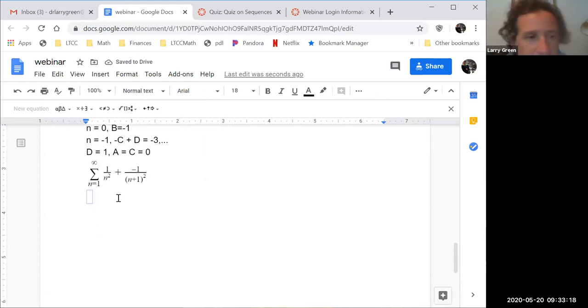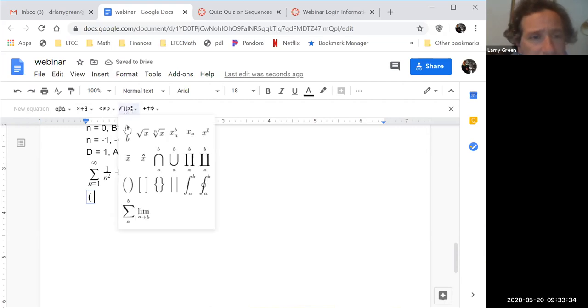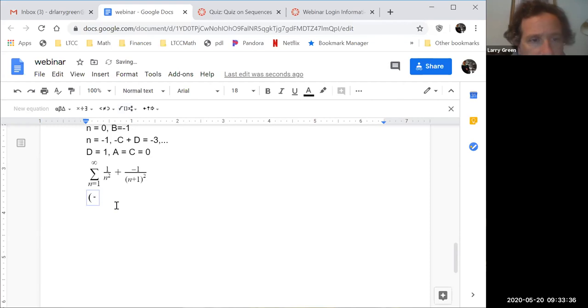What it means is we're going to have a 1 over 1 squared, and actually, before I do that, let's put in parentheses: 1 over 1 squared minus 1 over 2 squared.